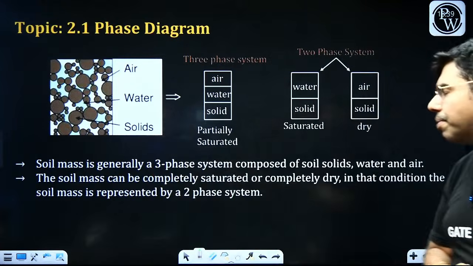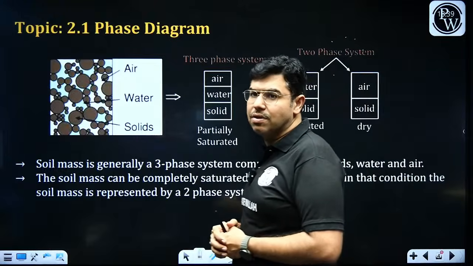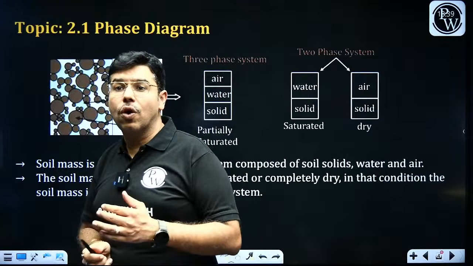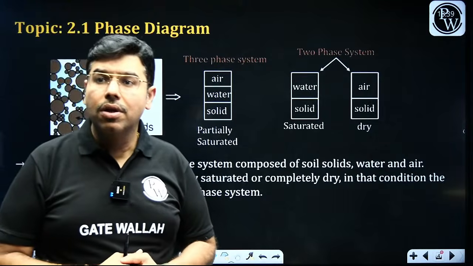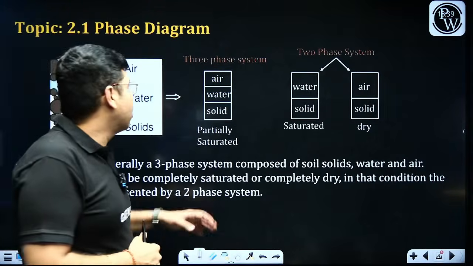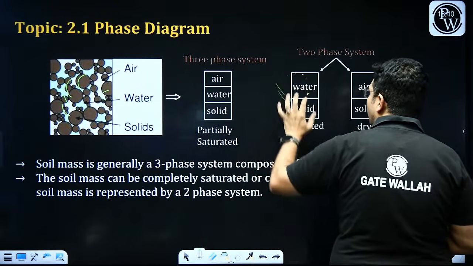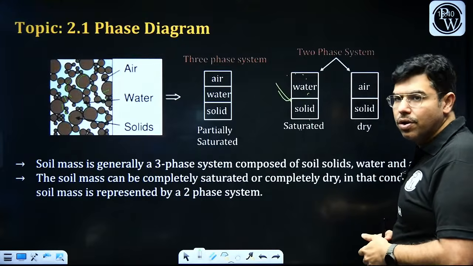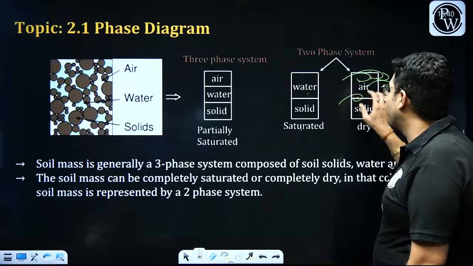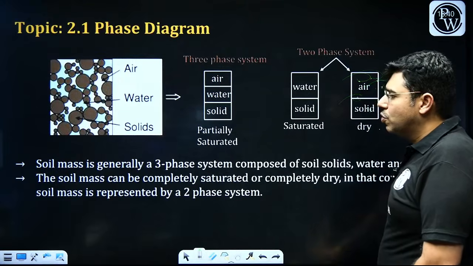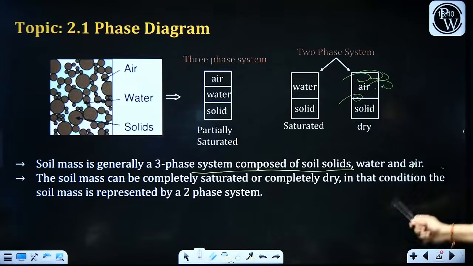Now, soil mass can be in a two-phase system as well, when the soil is either saturated or dry. If the soil mass is saturated, then all the void spaces will be occupied by water only: solid and water. If soil mass is dry, all the void spaces will be occupied by air only. So soil mass is generally a three-phase system composed of soil solids, water and air.